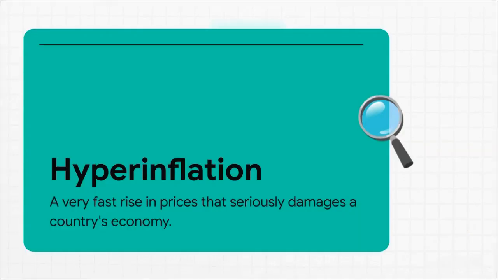And that catastrophic failure has a name: hyperinflation. We're not talking about prices going up a little bit here and there. No, this is a total financial nightmare. It's when money loses its value so fast, it's practically worthless overnight. I mean, can you imagine your entire life savings turning to dust in the time it takes you to walk to the store?